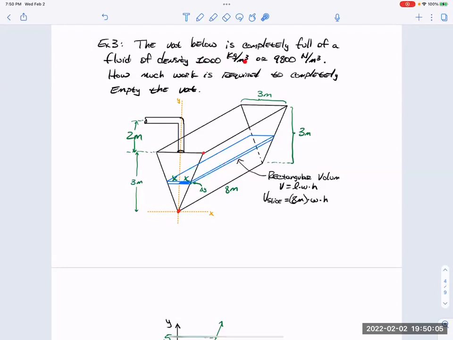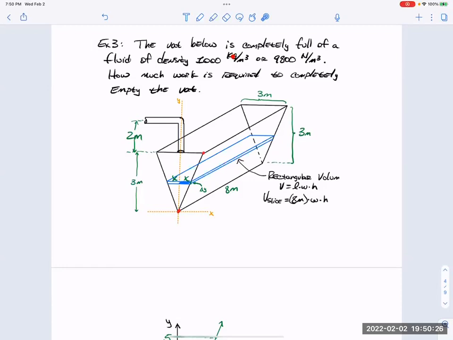Now here's the thing. This, kilograms, is mass. But as I mentioned earlier, force is actually mass times acceleration. Acceleration due to gravity was 9.8 meters per second squared.